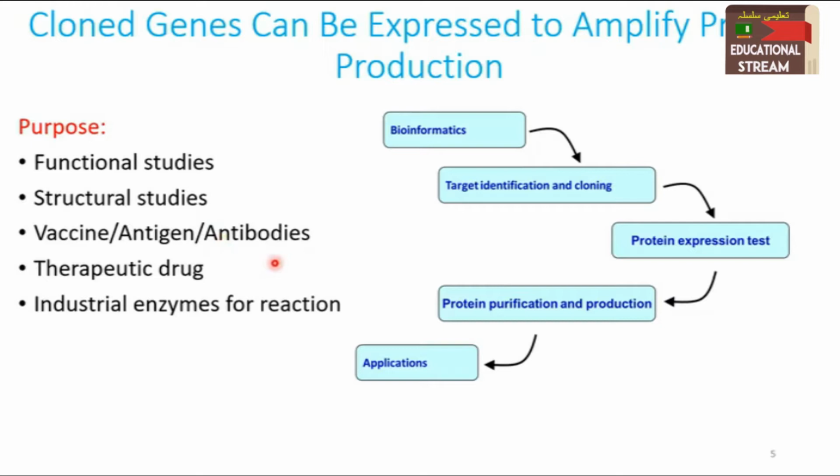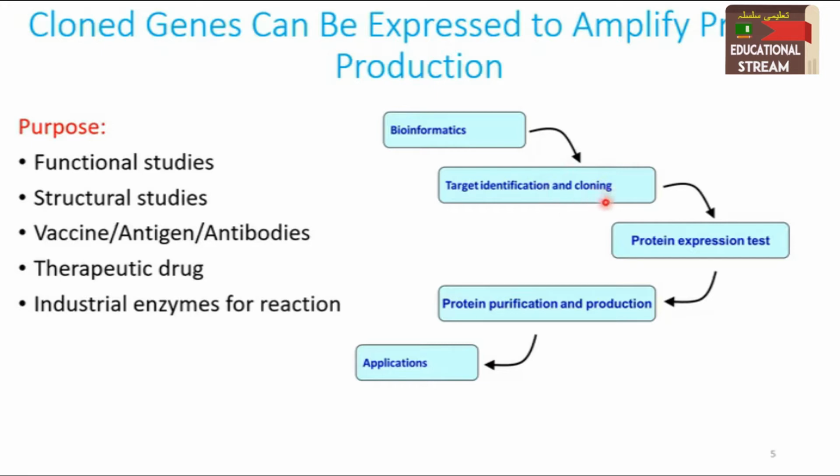To proceed towards purifying the protein and fulfill its purpose, the biochemist has to follow a flow. First, they need to get information about the target gene and the vector that will be used to express it, which is done using bioinformatic tools. After target identification, the biochemist moves towards cloning of the gene.